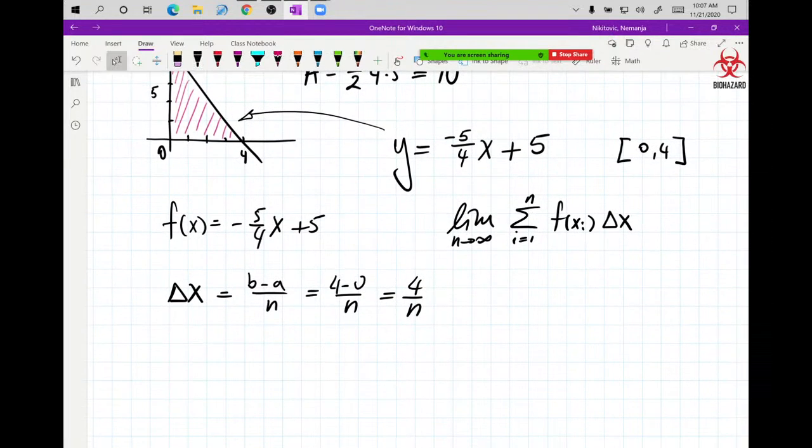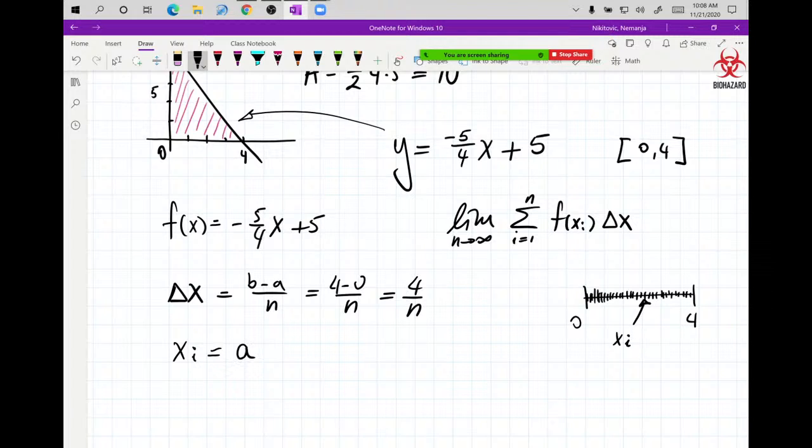The next piece of the puzzle here is this xi, because I have to express each one in my division, 0 to 4. I'm going to have infinitely many of these divisions. And when I look at one of these, it is xi. So how do I express this xi in terms of everything else?